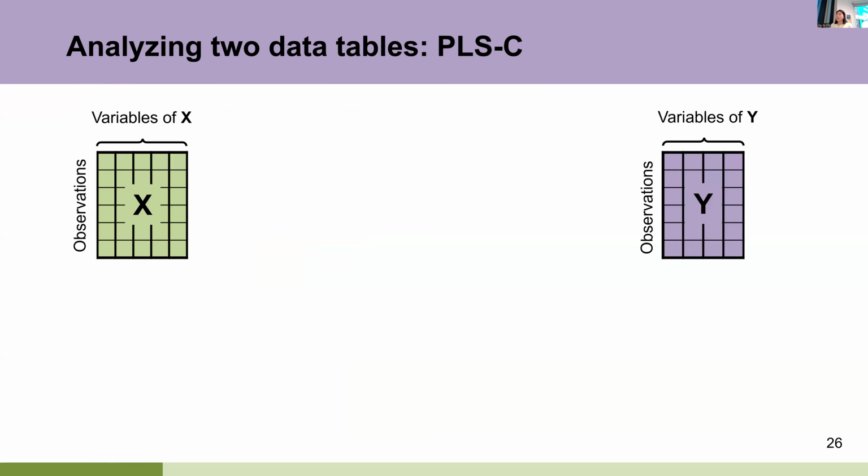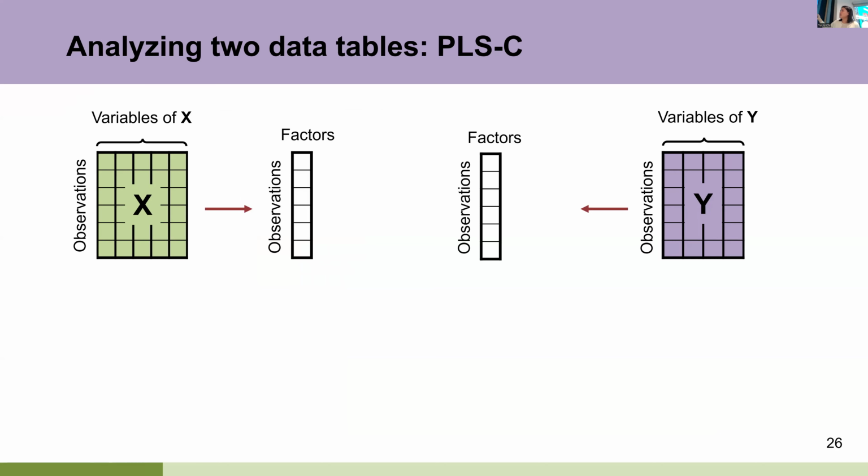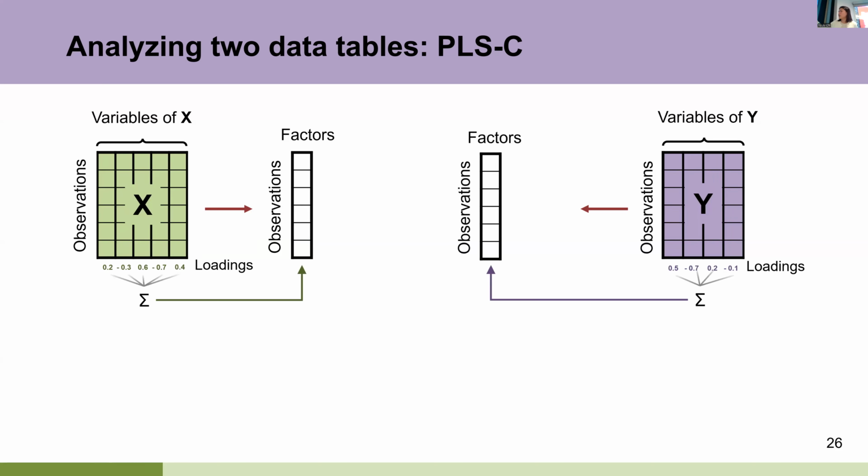So what that does is that from these 2 sets of variables, PLSC extracts a set of factor scores respectively from each of them. And these factors are the linear combination of the original set of variables. So far, similar to PCA, it's just now applied to 2 sets of data of variables.